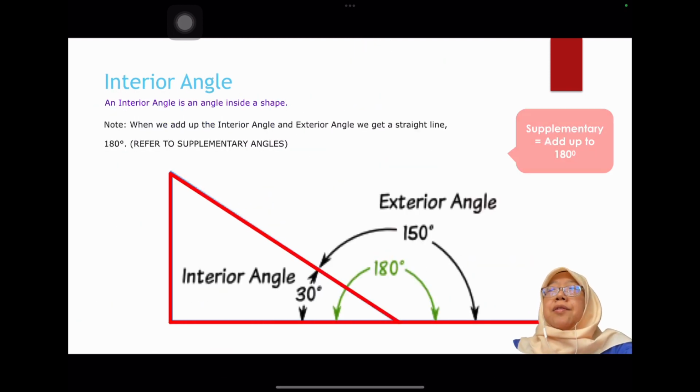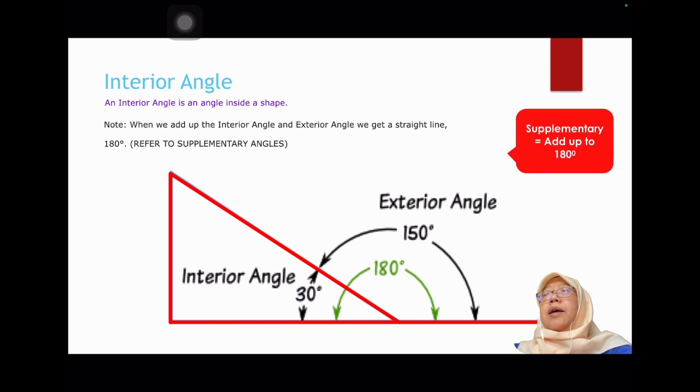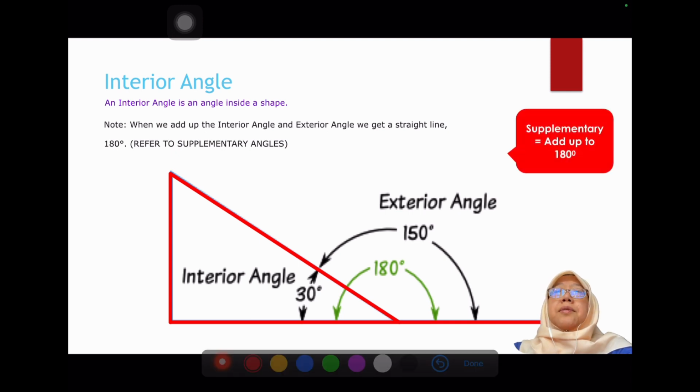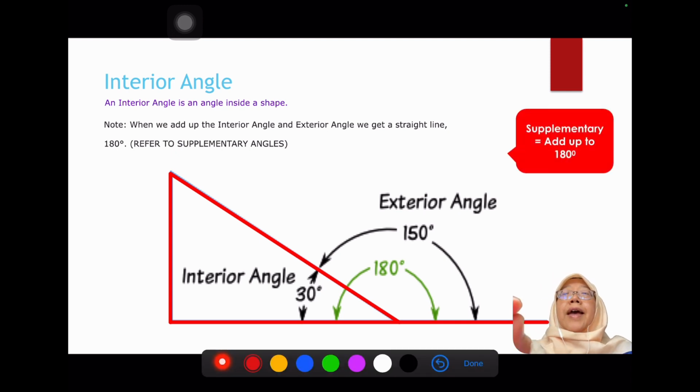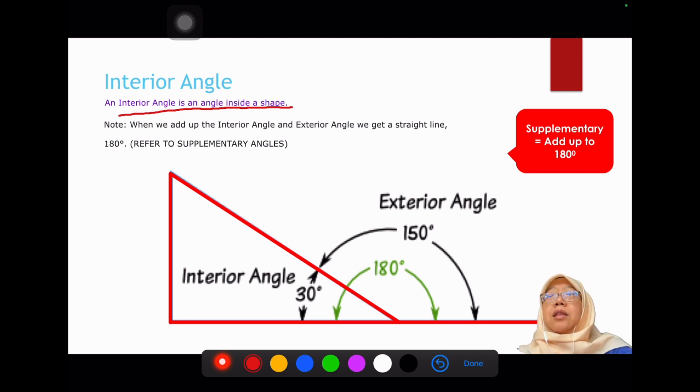Interior angle. We are still at supplementary angles, where you add up to 180 degrees. An interior angle is an angle inside a shape. For example, here the interior angle is 30 degrees and the exterior angle is 150 degrees.